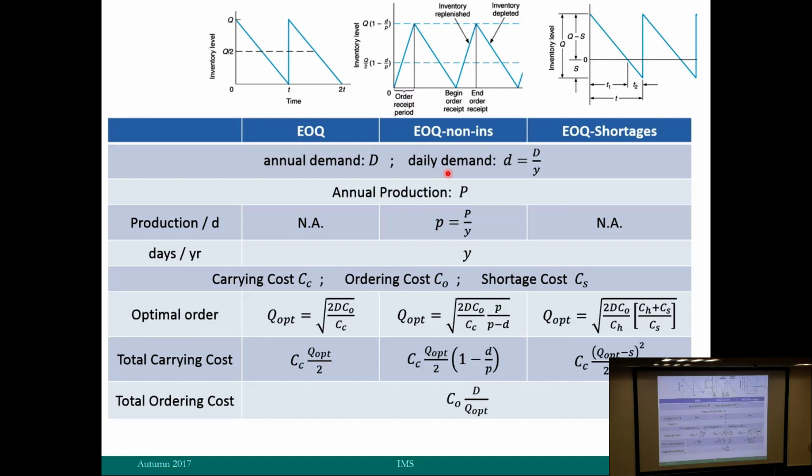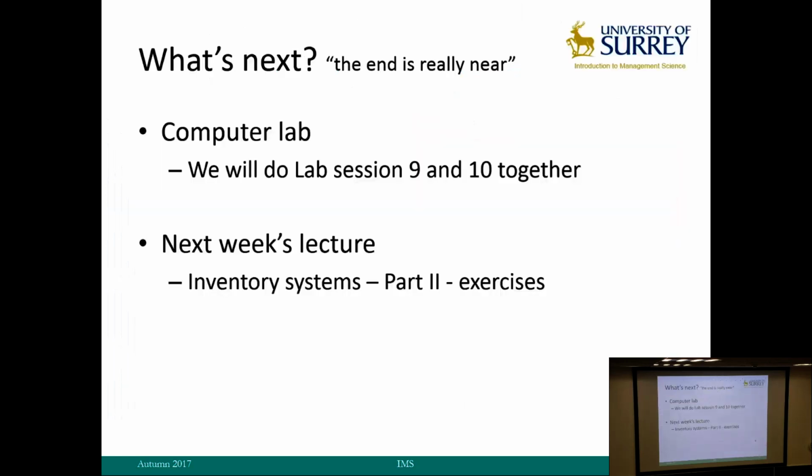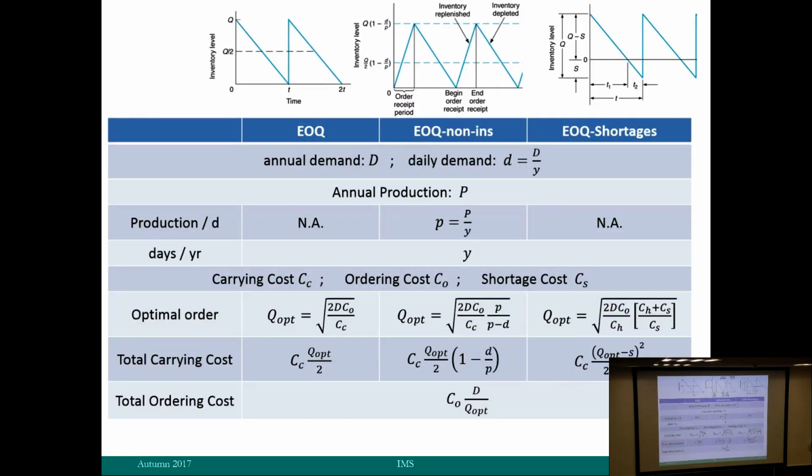And ordering cost is always the same, because once you find the optimal quantity, you find out how many orders you have to make, times the unit ordering cost, and that's your total ordering cost. Okay, a lot of equations in here. And that's actually most of the theories we need to introduce for inventory system. This is a pretty simple summary.